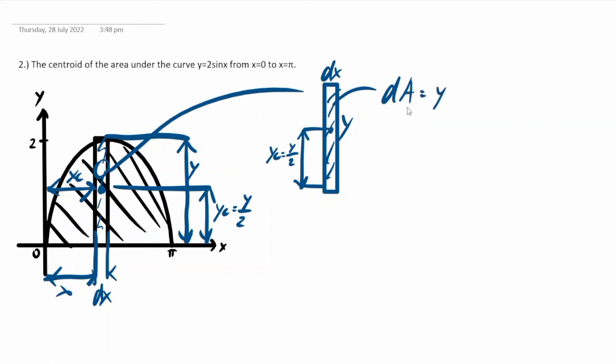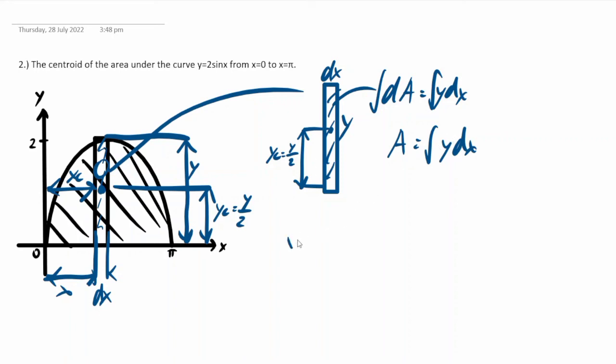That is equals to y dx, using the formula for the area of a rectangle. So if we find the integral of both sides, we'll have A equals to the integral of y dx. Okay, so this is what we need to find the total area.